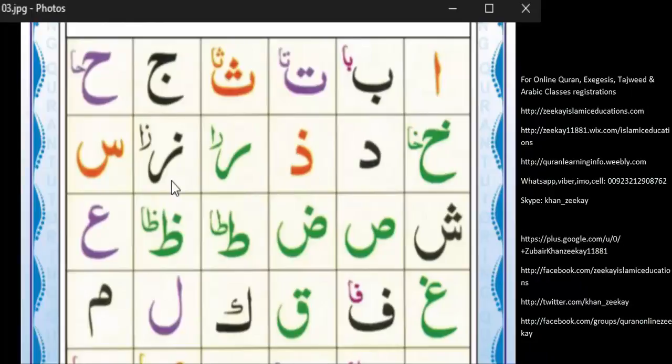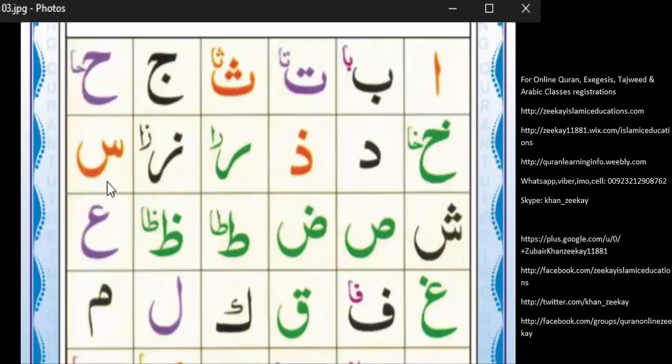It means a bigger part will touch the lower central two teeth and a little part will touch the upper central two teeth. In this way, we will also join our upper and lower teeth to produce this letter. Za. It will have a buzzing sound when it is pronounced.